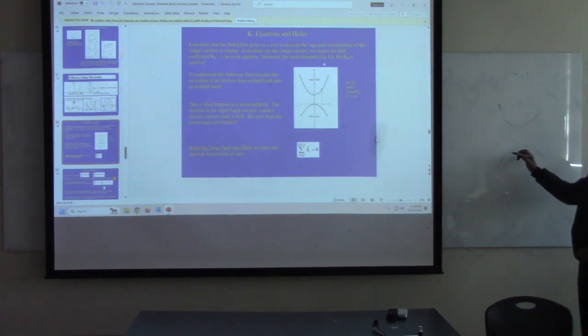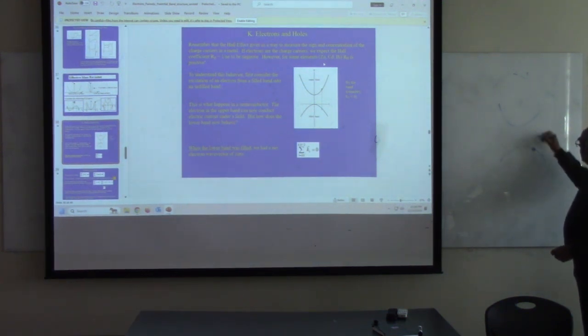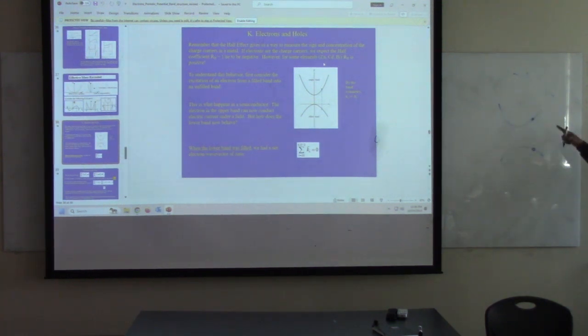If I promote some electron from here to here, now the electron is here, right? The electron from the valence band goes to the conduction band to participate in the conduction process. So here we now have kind of an empty state, because that electron is already given.